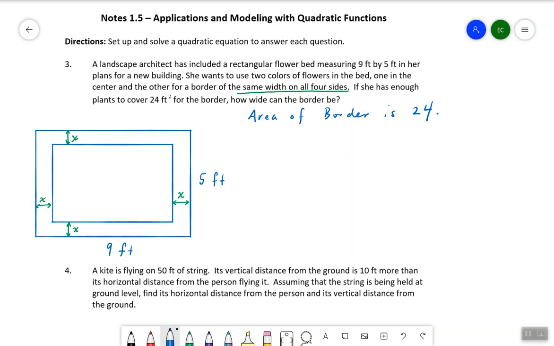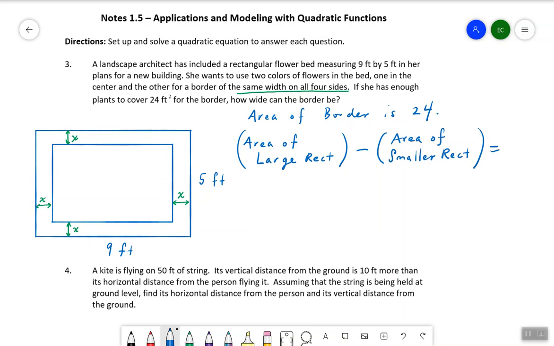So the area of the large rectangle, minus the area of the smaller rectangle, is the area of the border, that 24 square feet that's left over.